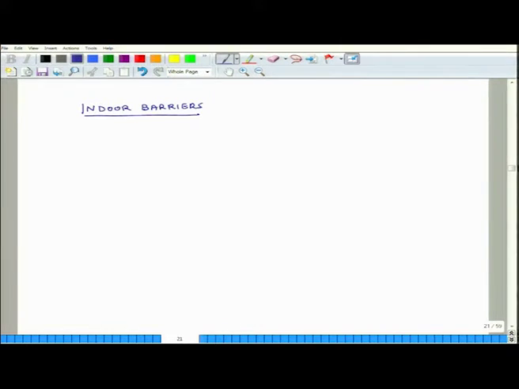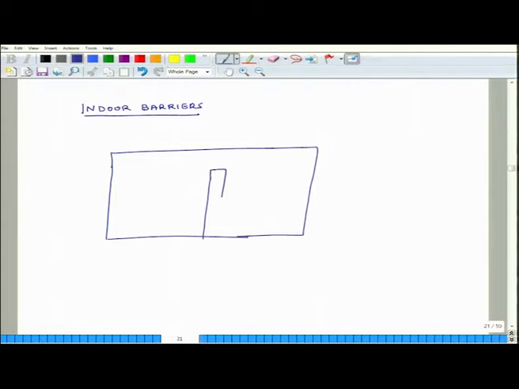Okay. So, if you have a large room, and this is a barrier, some sound may directly reach the person through reflections, and then some sound will get obstructed as it reaches the listening position. Okay.